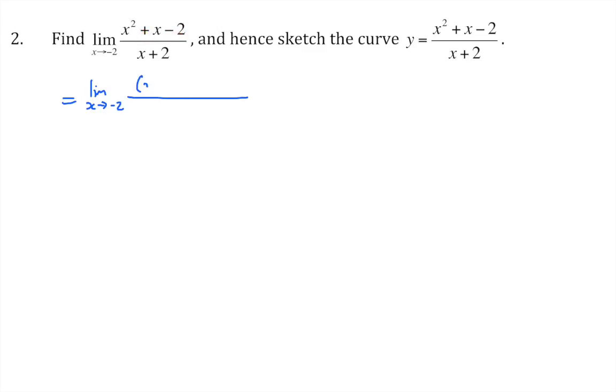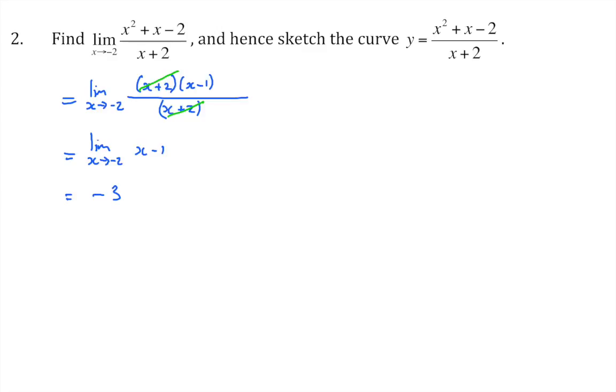Well, that would be x plus 2, x take 1. And if I look at my question, I can see that I've got some brackets that cancel, which means I end up with the limit as x approaches negative 2 of x take 1. Can I let x be negative 2 now? Yeah, sure, I can't have any divided by 0 problems, so negative 2 take away 1 gives negative 3.